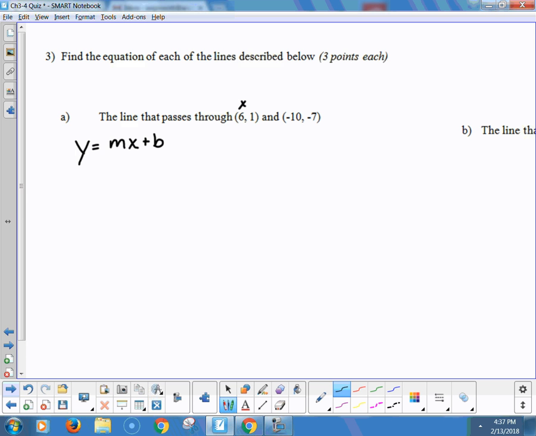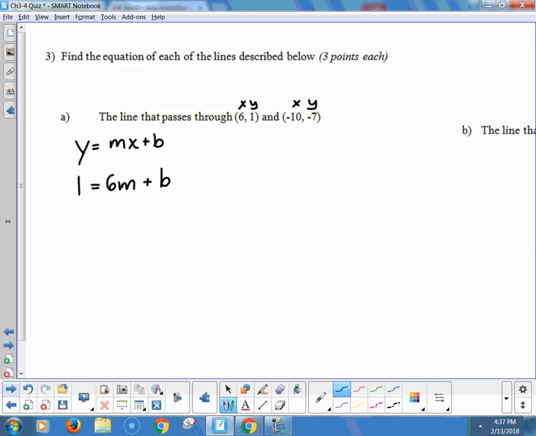We have an x and a y and an x and a y. So if I substitute those values in, my first equation would become 1 equals m times the x plus b. Not 6, b. Oops. There, b.